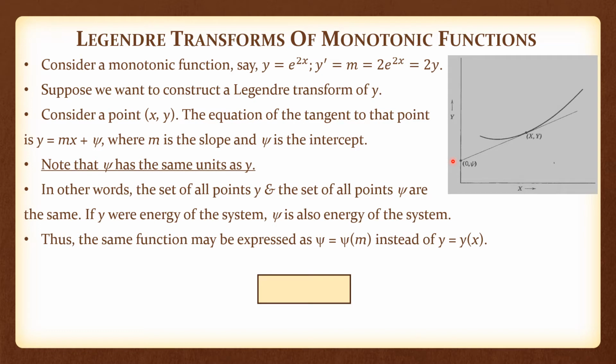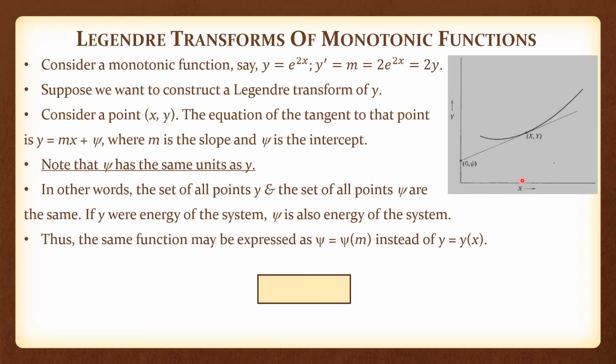Thus, coming to this equation, there is some unique monotonic function y equal to some f of x, and then you get the tangent to that function at any point. Now what you can do is, instead of mapping x comma y, instead of x I am going to use the slope, which is dy dx.